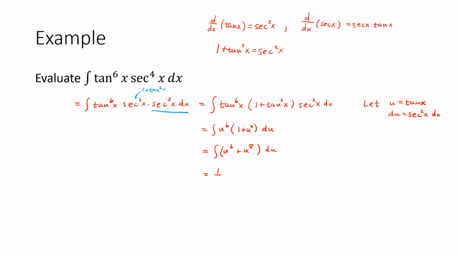So it becomes 1 over 7 u to the 7th plus 1 over 9 u to the 9th. And then putting my u back in, which was tangent, we'll have 1 over 7 tan to the 7th plus 1 over 9 tan to the 9th. And there we have it.